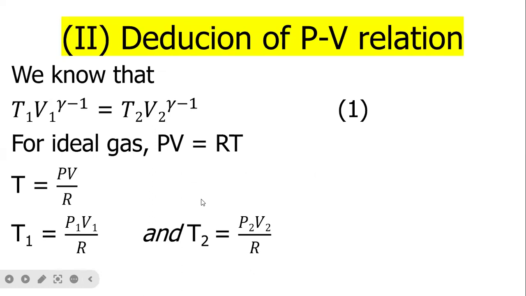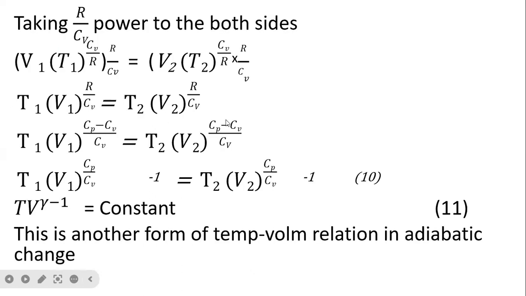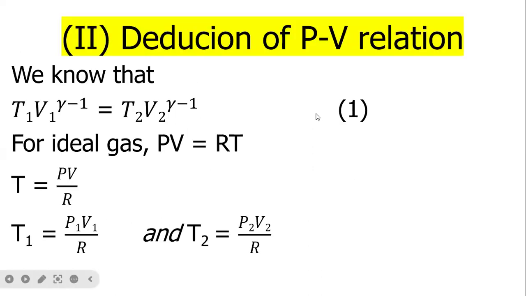Deduction of the PV relation from equation 10. We know that T1 V1 to the power gamma minus 1 equals T2 V2 to the power gamma minus 1. For an ideal gas, in the deduction of the PV relation, we have to substitute the temperature.